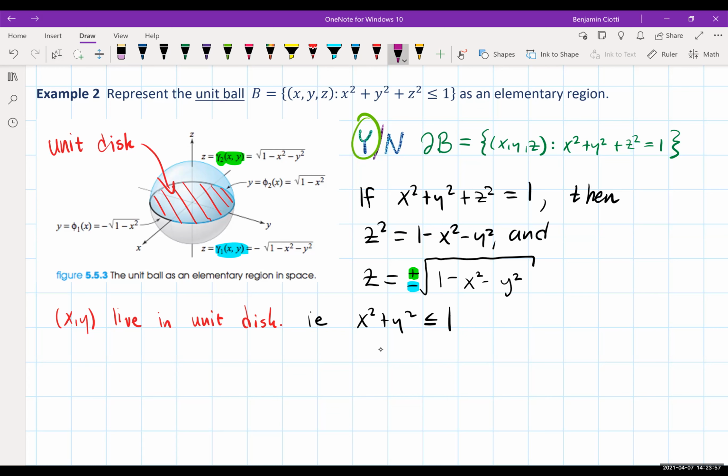I'm just going to use that I've already described the unit disk as an elementary region. And what we found was that you can bound it on top by the function y equals the square root of 1 minus x squared, and we can bound it on the bottom by the negative of that function.